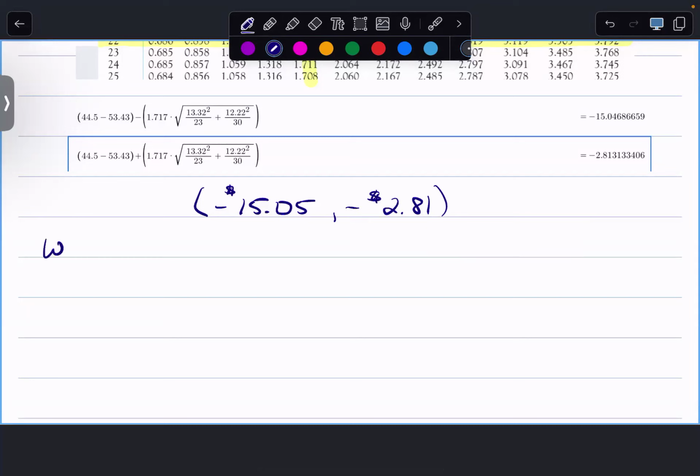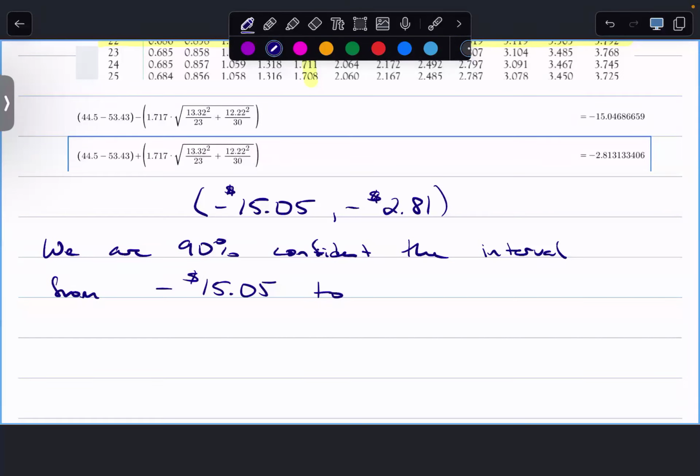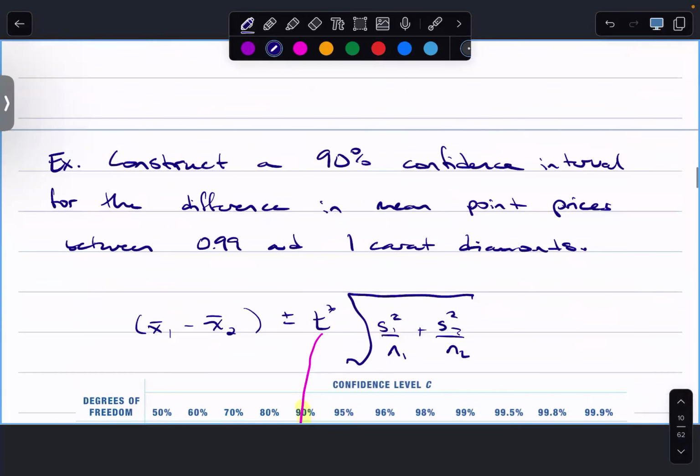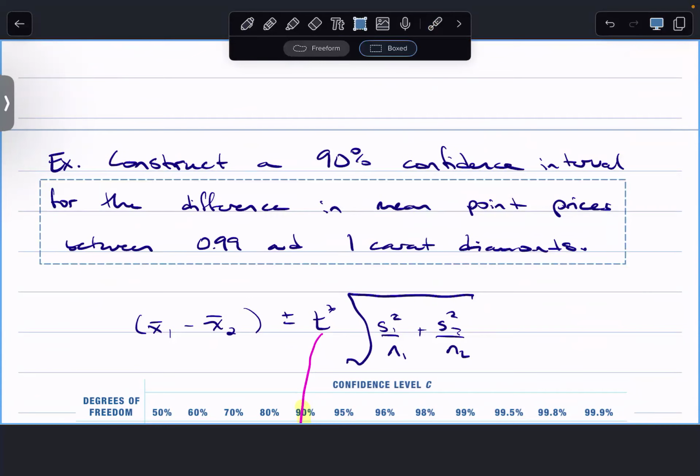We are 90% confident the interval from negative $15.05 to negative $2.81 captures, and this is where I take the difference in mean point prices between 0.99 and 1 carat diamonds.